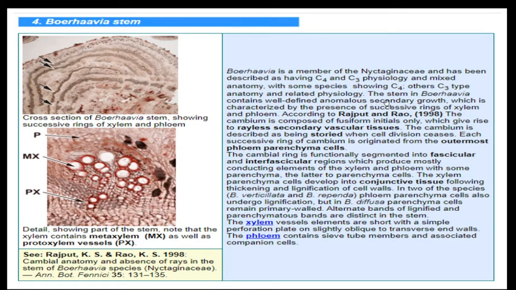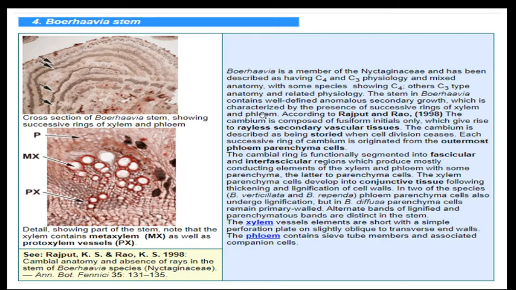The stem in Boerhavia contains well-defined anomalous secondary growth, which is characterized by the presence of successive rings of xylem and phloem.